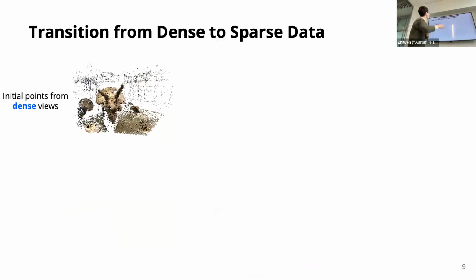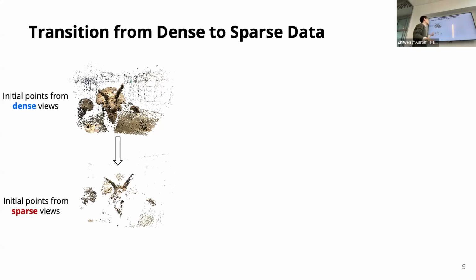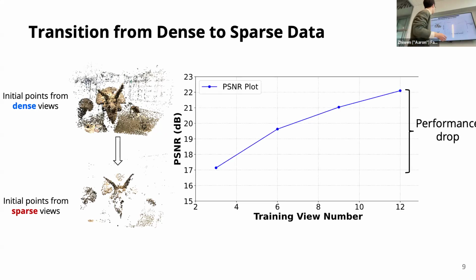However, if we transition from dense data or dense images to sparse data, we can see that with dense data, we have many points in the point cloud as initialization. But if we use only sparse data, we have way less initialization, and the camera pose is another problem, of course. With a sparse point cloud, the dense reconstruction quality will significantly drop.